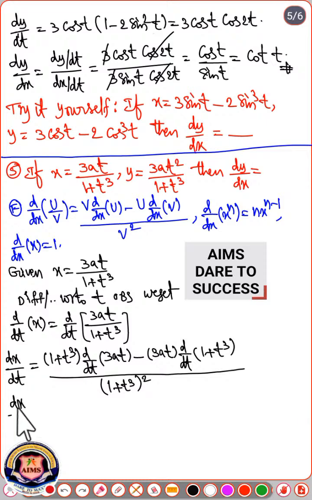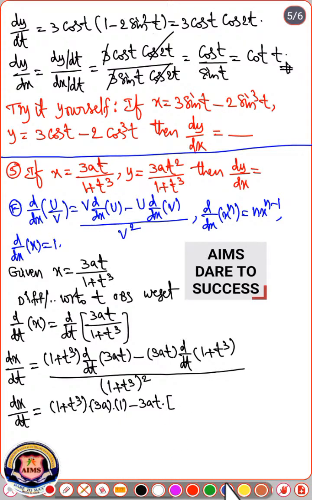So dx by dt is equal to 1 plus t cube into 3a, which is the constant and the coefficient of t. So d by dt of t is 1. After that minus 3at into d by dt of t constant. Here one more new formula came: d by dx of constant k is equal to 0.